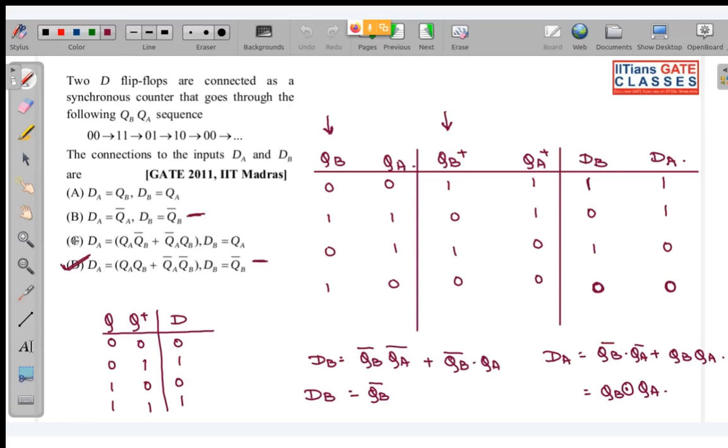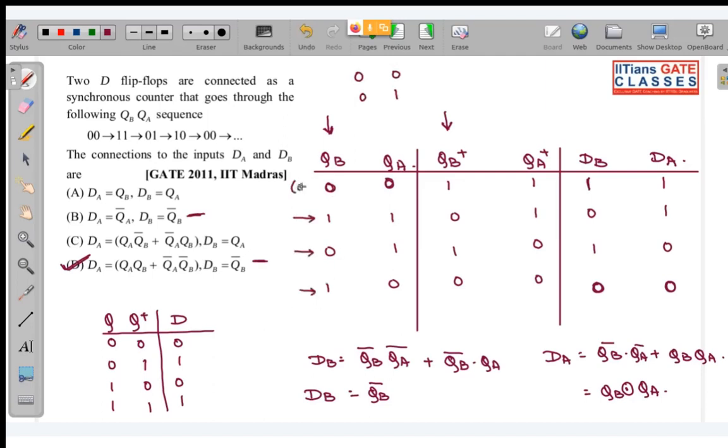Sir, I'm solving using K-map, but I'm getting a different answer. You cannot get a different answer even if you solve using K-map. Why will you get a different answer? See, first of all, this is 0, 0. And in a K-map, after 0, 0, you get 0, 1. But here you have 1, 1. Then you have 0, 1. Then you have 1, 0.